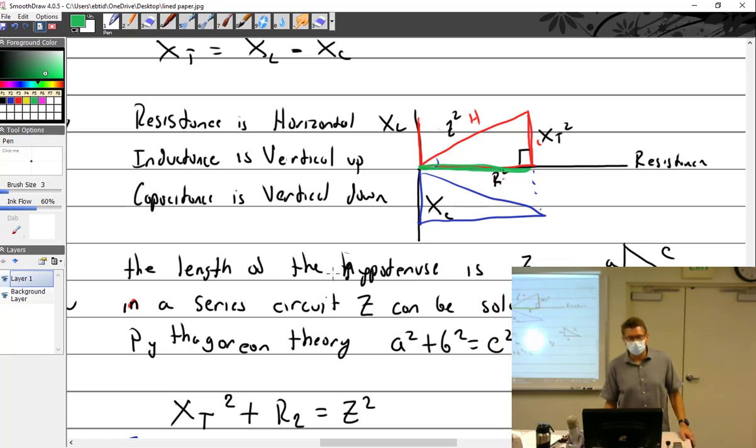In a purely inductive circuit, how much X of L do I have? 90. How much X of C? 0. How much resistance? 0. So I only have one line and it goes straight up. So my angle is 90 up, and so X of C would be 90 down.